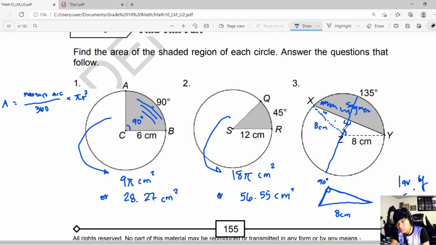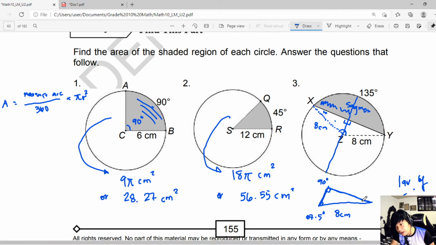So this one is a central angle. So the measure of the central angle is equal to the measure of the intercepted arc. So since hinati natin sa gitna, ibig sabihin kalahati nito is ang measure ng angle na to. So what is 1/2 of 135? So the measure of this one is 67.5 degrees.